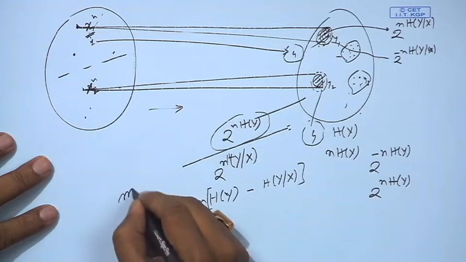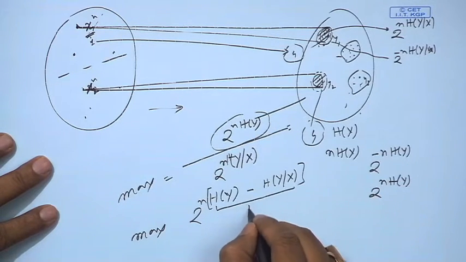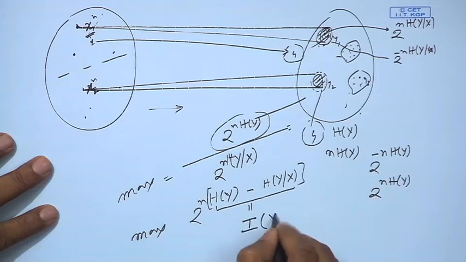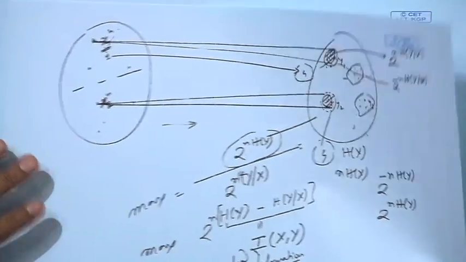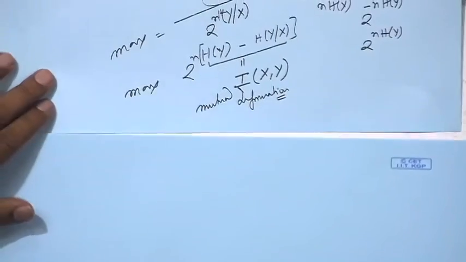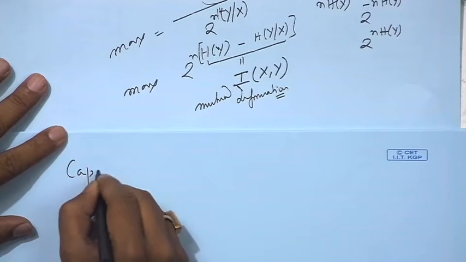That maximization of the ratio would mean maximization of this term, and you could easily recognize this as I(X;Y), which is the mutual information.